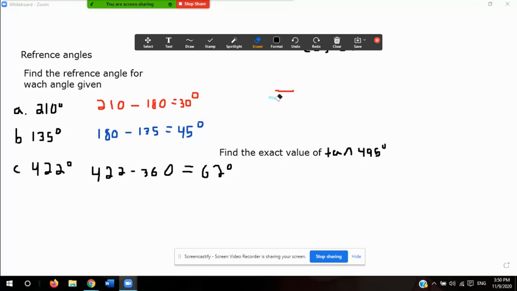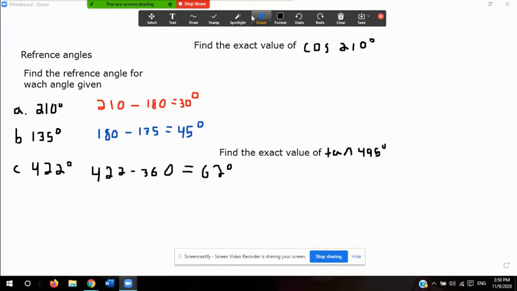So let me go ahead and erase this. And what we're going to be seeing now, and in your book, this is titled Evaluating Trigonometric Functions for Non-Acute Angles.